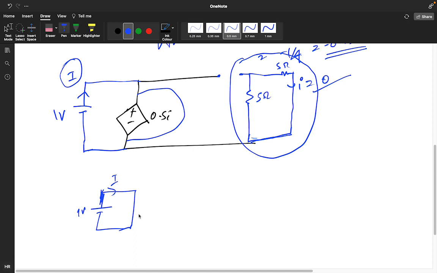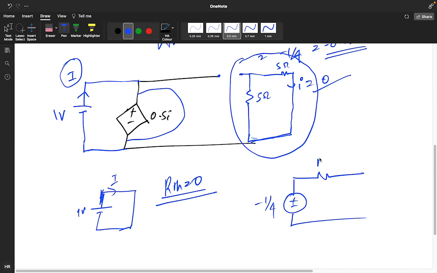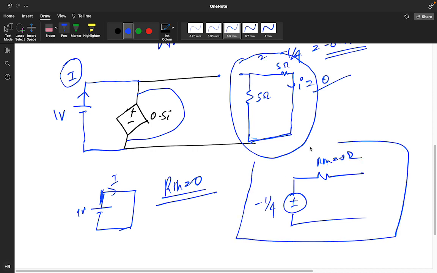There is no resistance because this thing is 0, so RTH will be 0. Okay, so how will you represent the circuit? Positive negative minus 1 by 4, RTH is 0. So this will be the answer for this circuit.